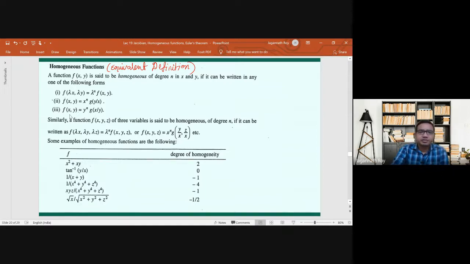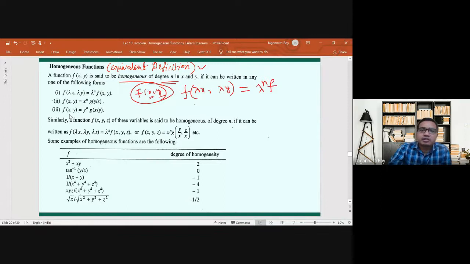Here is a more equivalent definition of a homogeneous function of degree n. Suppose f of x y is given. In place of x, we substitute lambda x, and in place of y also, we substitute lambda y. If we get lambda to the power n times f of x y, then we get a homogeneous function of degree n. Already we have discussed this one.